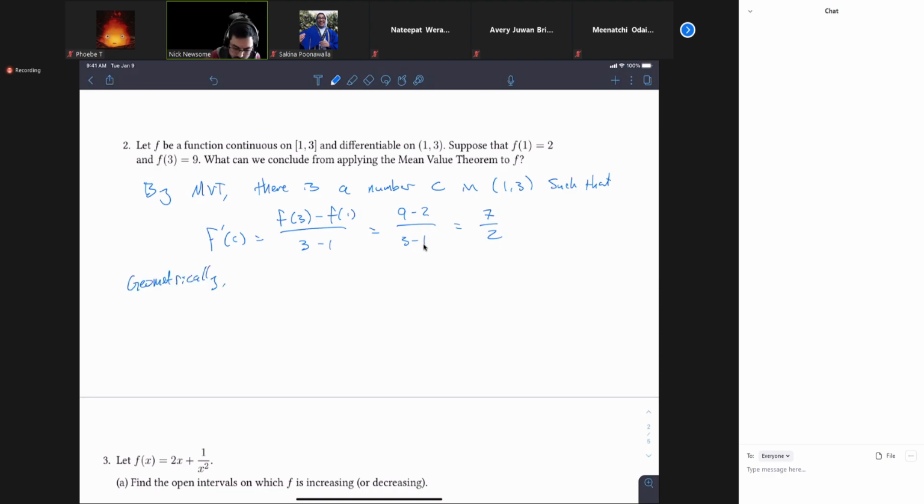So geometrically, there is some point on the graph of f where the slope of the tangent line is 7/2.